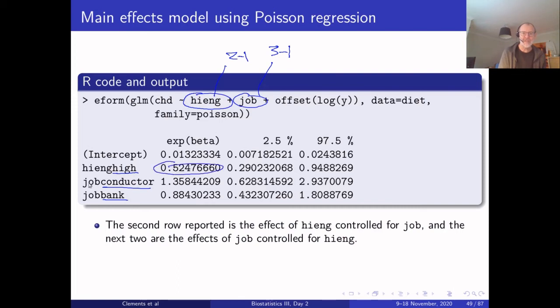After adjusting for job, the effect of high energy is still close to a half, and that is statistically significant. Conversely, after adjusting for high energy diet, conductors are not different to drivers, and bank workers are not different to drivers, because the confidence intervals both overlap 1.